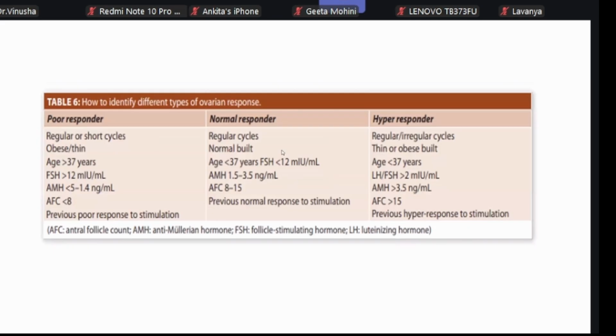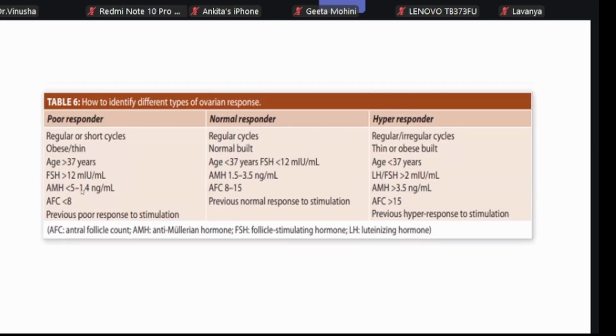So, whom do we call a normal responder? A patient with regular cycles, age less than 37, with AMH between 1.5 to 3.5, and an AFC on day 2 between 8 to 15. And if they have done a stimulation in the previous cycle, previous normal response to stimulation, those people we call normal responders.